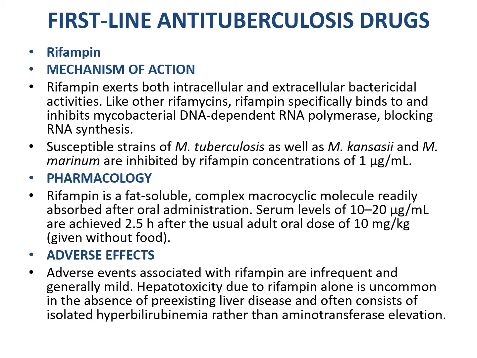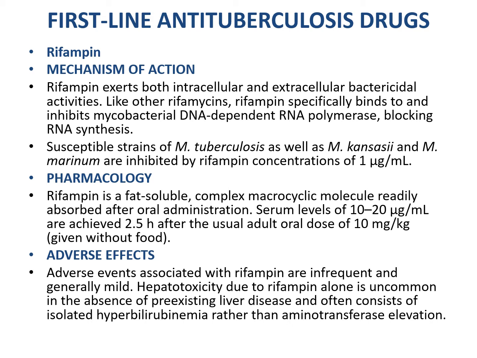Susceptible strains of Mycobacterium tuberculosis, as well as Mycobacterium kansasii and Mycobacterium marinum, are inhibited by rifampin concentrations of 1 mg per milliliter. Rifampin is a fat-soluble complex macrocyclic molecule readily absorbed after oral administration. Serum levels of 10 to 20 mg per milliliter are achieved 2 to 4 hours after the usual adult oral dose of 10 mg/kg given without food.